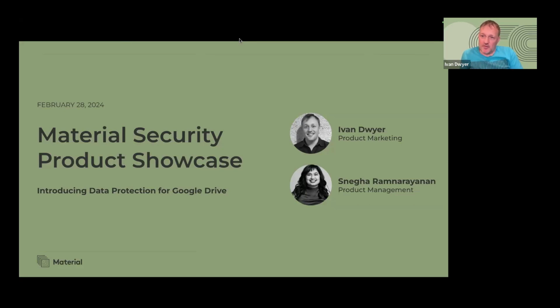Now, the last time that we did one of these showcase sessions, we did a deep dive into our phishing protection product, and we have come a long way in covering total email security needs from inbound threat detections all the way to automated response workflows. We have also come a very long way with data protection.